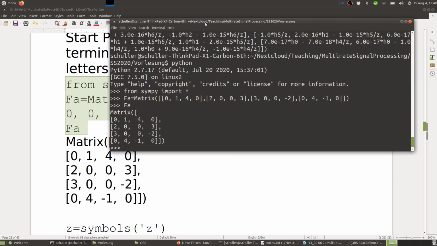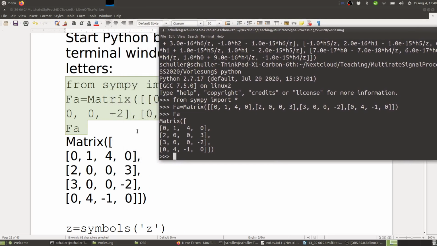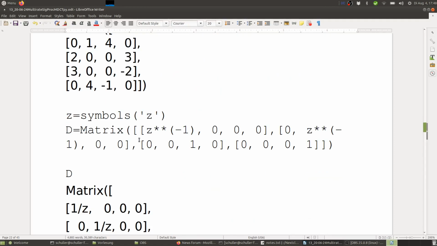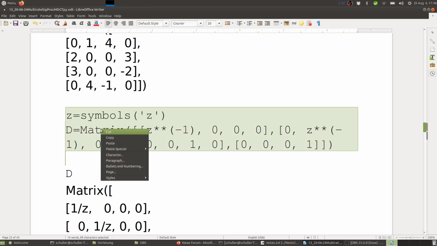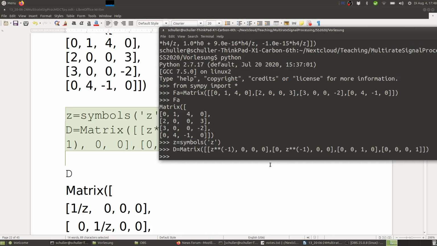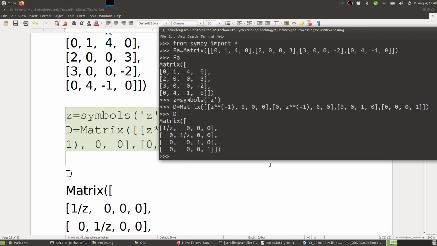So this is our matrix FA, just those fantasy numbers. Then we make our delay matrix using the symbol z. Here you go. Paste. And let's see what D is. So this is D. We have z to the minus 1 here in the first half of the diagonal and the 1s in the lower half of the diagonal.